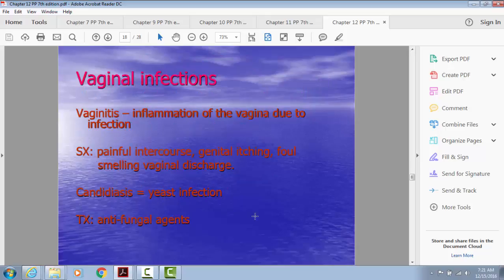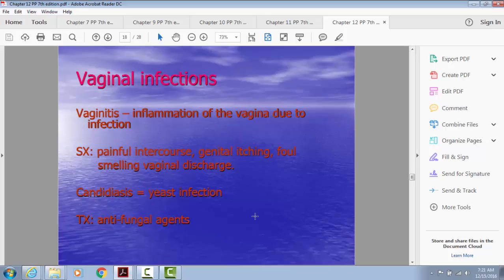A vaginal infection is the most common in females. Vaginitis is inflammation of the vagina due to infection. Symptoms for the female: painful intercourse, genital itching, which is probably the number one, and foul-smelling vaginal discharge, or a cottage cheese type discharge from the vaginal canal.